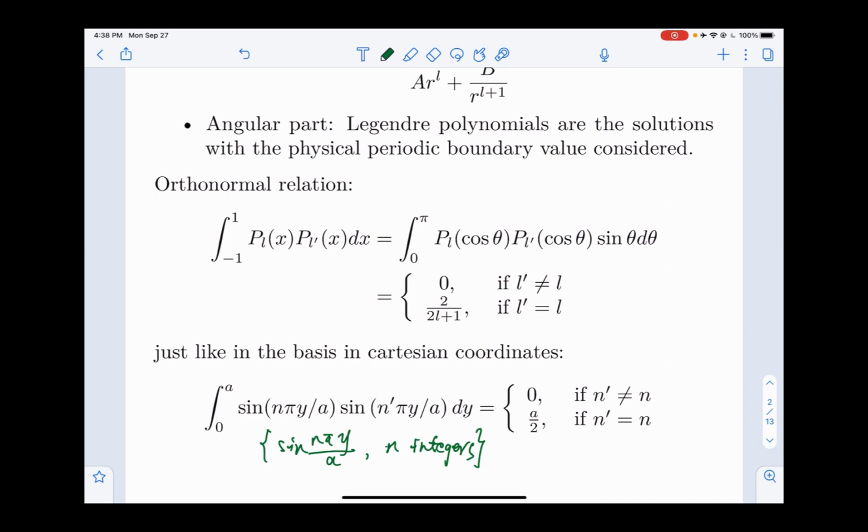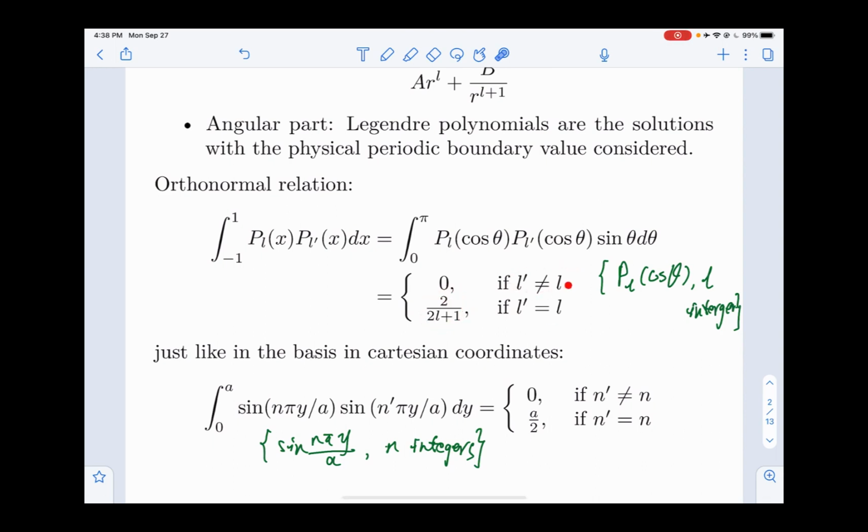Here, this P_l of cosine theta is also orthogonal to each other, and also forms a complete set. If you do integrations, say for l and l prime, if l equals l prime, then you simply get the normalization factor.